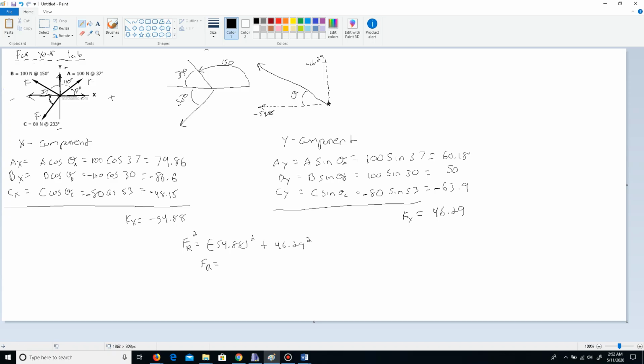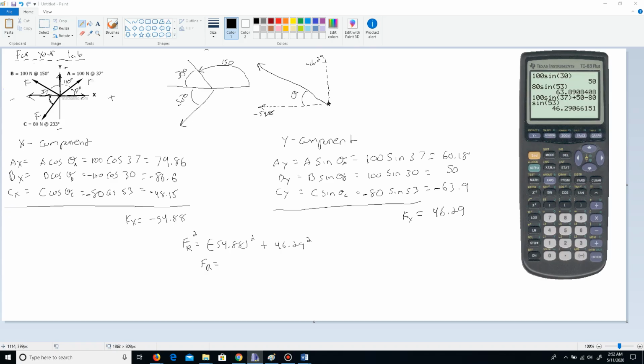And so we'll take the square root of that once we add those two. So I square that, then plus 54.88. Now I'm not putting in the negative sign because it's just going to square out. So 5154.63, and then take the square root.